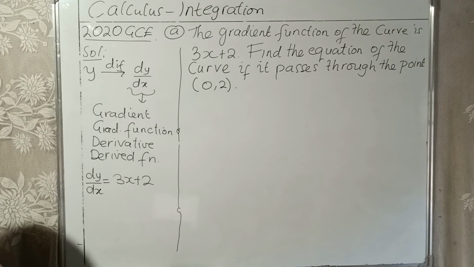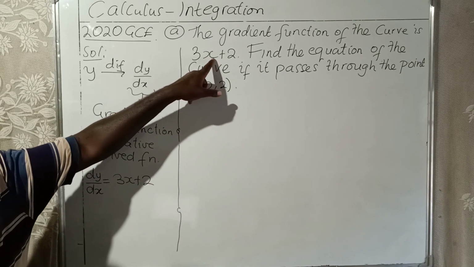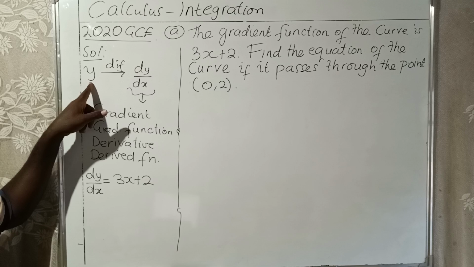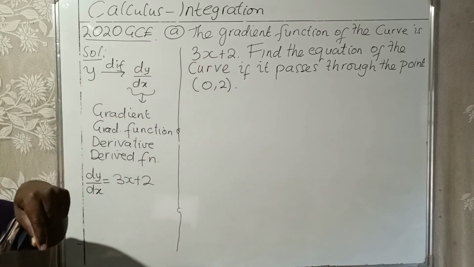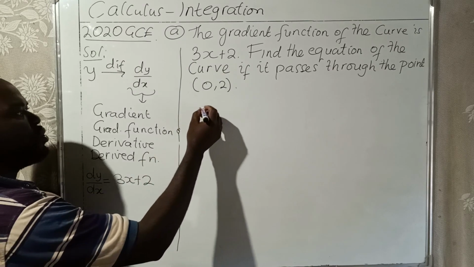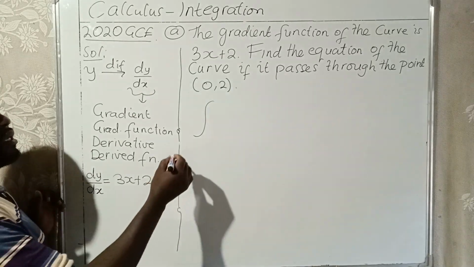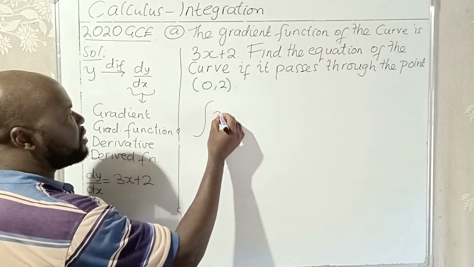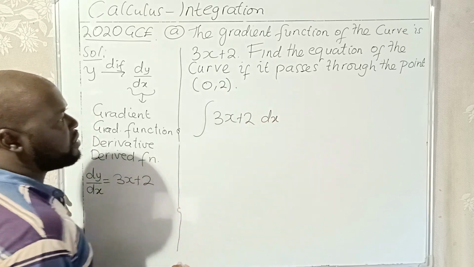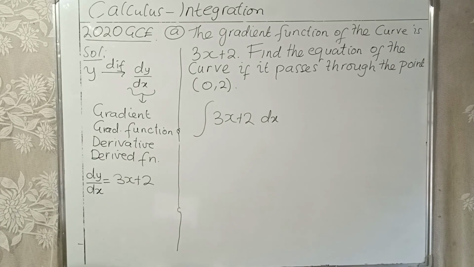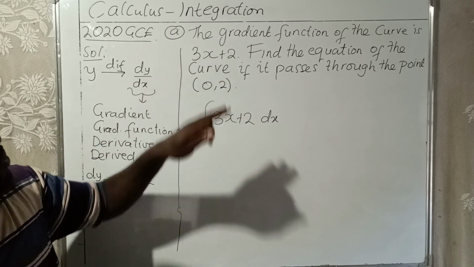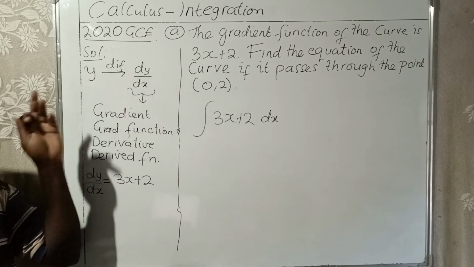So we need to construct our integral as follows: the integral of 3x plus 2 dx. Since this is our dy/dx, we integrate it so that we get back our y.